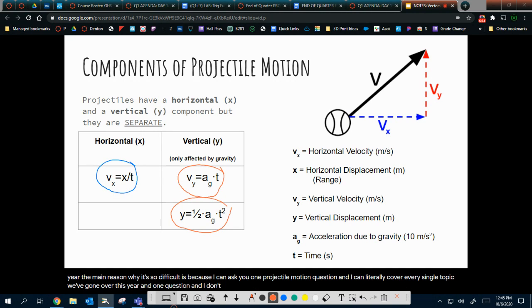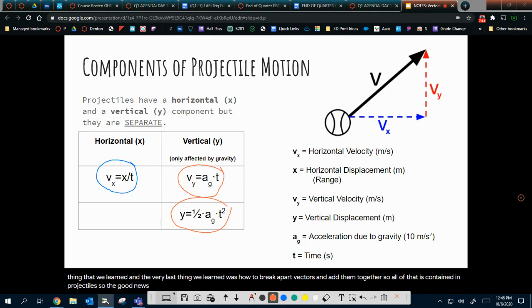And I don't even have to try. That's what I'm trying to point out here. This is the very first thing that we learned, and the very last thing we learned was how to break apart vectors and add them together. So all of that is contained in projectiles.